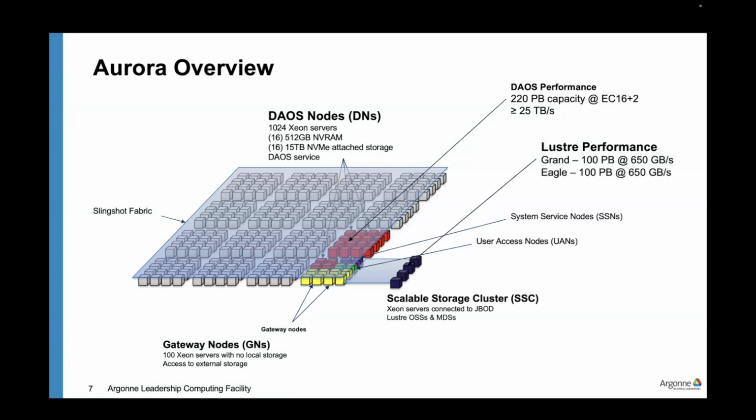So going back to the comment about the performance, that's one of the aspects of performance: the DAOS servers are directly on the Slingshot fabric with the compute nodes. There are 1,024 DAOS servers. I'll go into details on a future slide on the individual configurations.